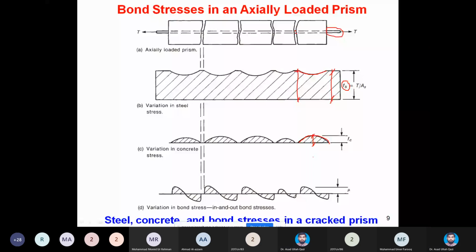In this way we can state that the variation in the steel stress and the variation in the concrete stress on a simple axially loaded prism can be achieved and we can plot it. Suppose you have instrumented your bar with strain gauges and you know the strains at every section, you can also record the corresponding stresses in the steel.